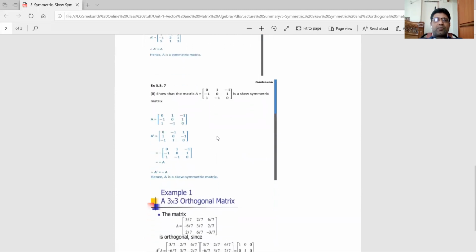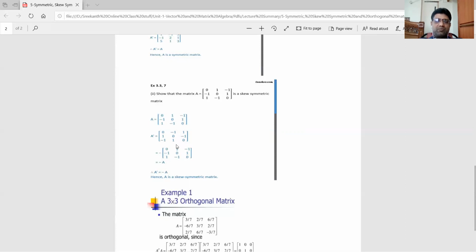The next one is to show that it is skew symmetric. So first calculate its transpose. I calculated the transpose here. A is this one, and I made the rows as columns, therefore we got this one. Then I multiplied this entire thing with minus. Then this becomes 0, 1, -1, and here it is -1, 0, 1, and it is 1, -1, 0.